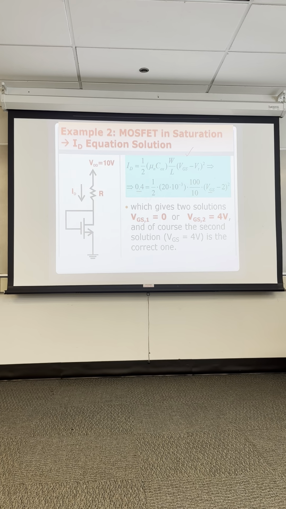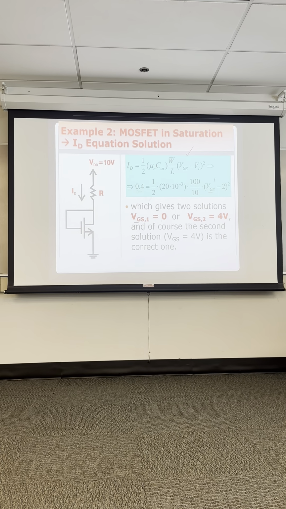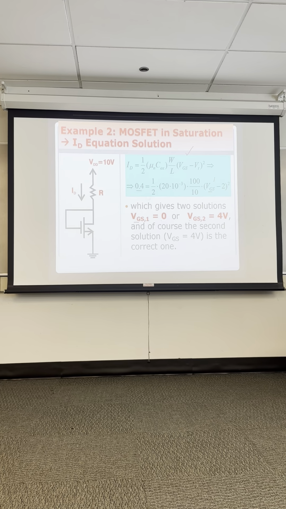So there's no need to break this up into gate and source voltages. We just solve the quadratic equation that comes out of it, which is another homework assignment. One of the results, gate to source 1, is 0, and the second one is equal to 4 volts. Which of these is the false result?